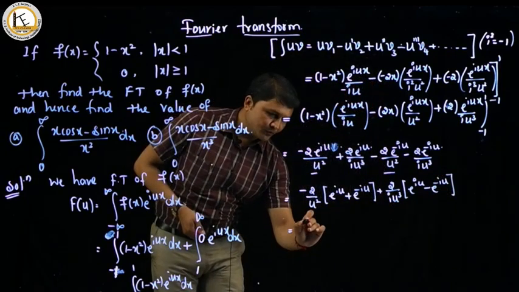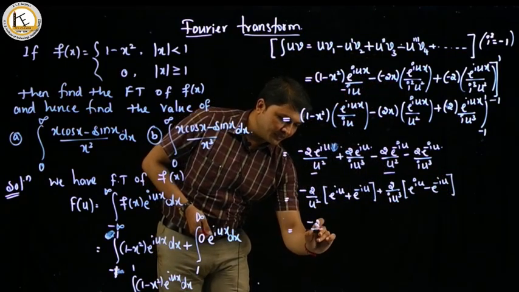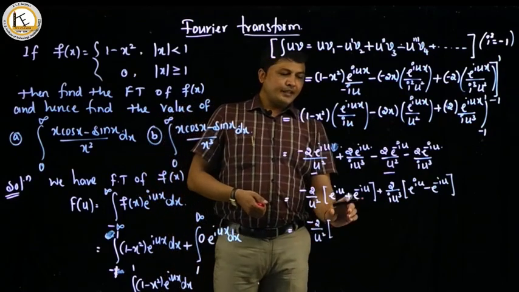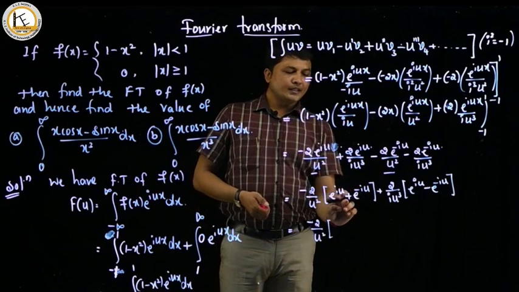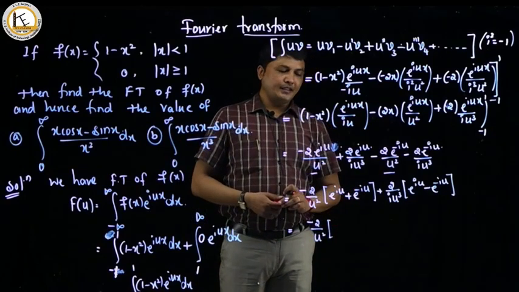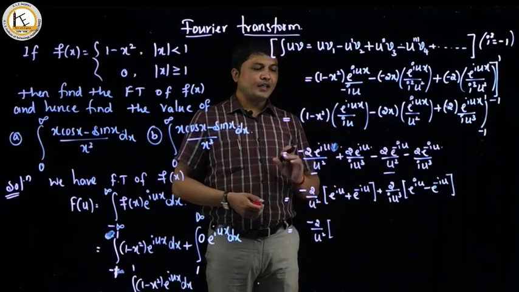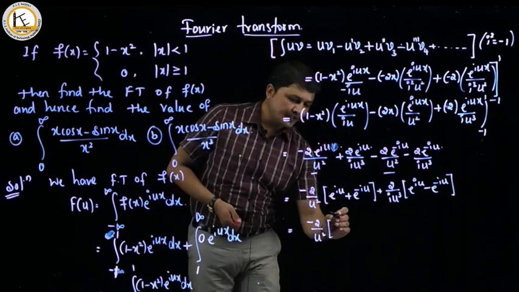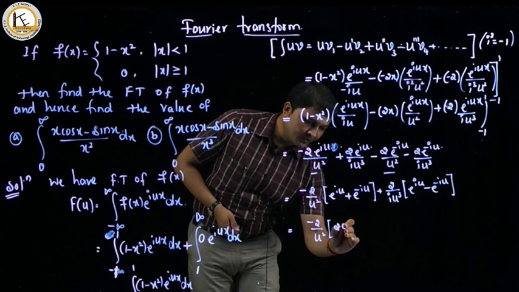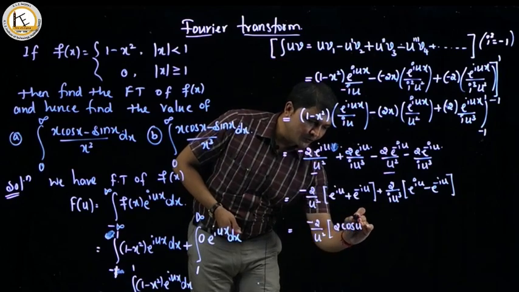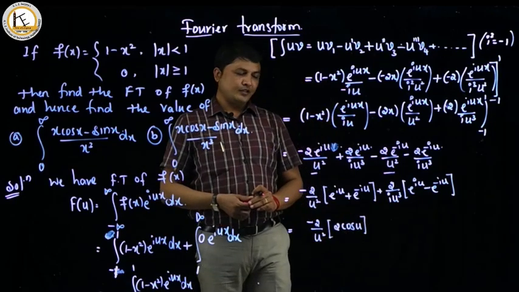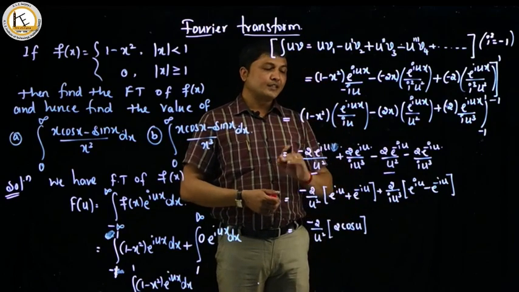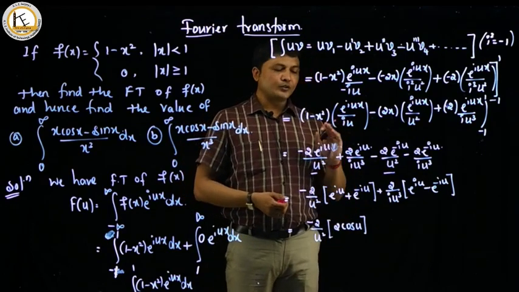This is equal to minus 2 by u square into bracket. We have a standard formula: e raised to i theta plus e raised to minus i theta will always be 2 cos theta.